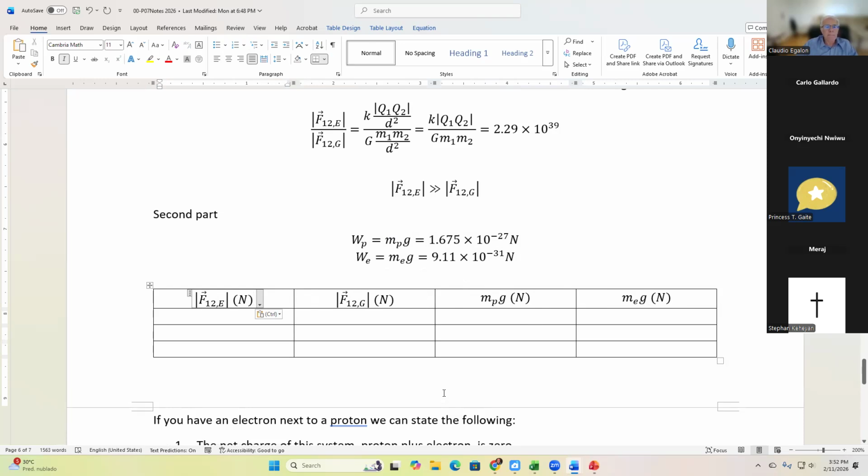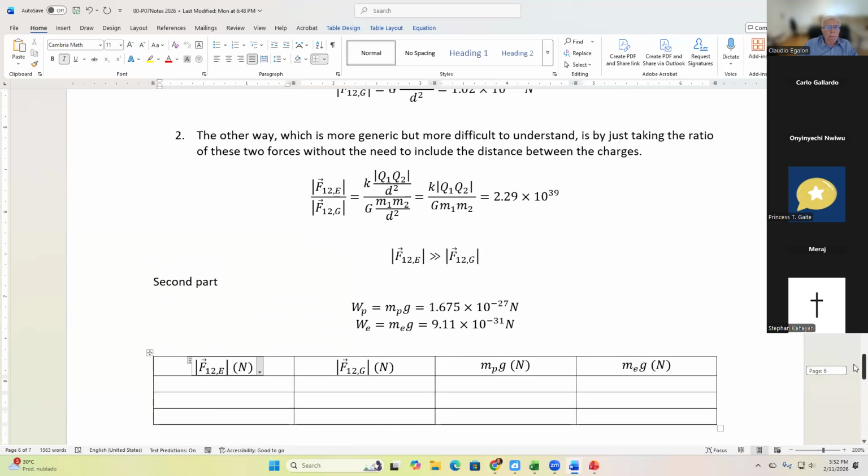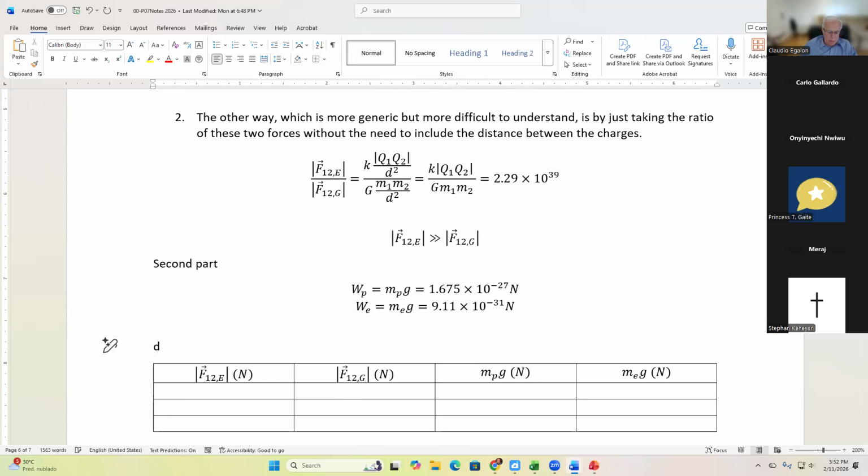Okay. And for D equal to 1 centimeter, right? D equal to 1 centimeter.